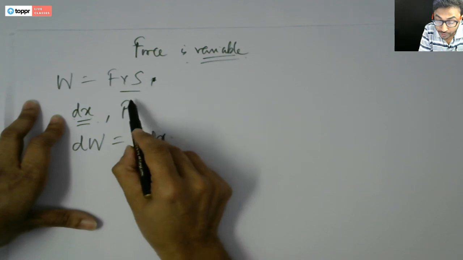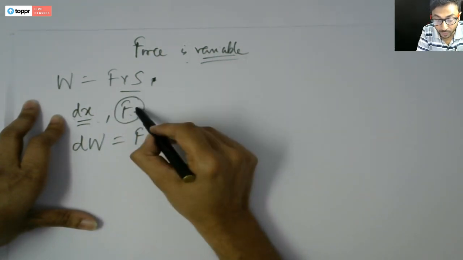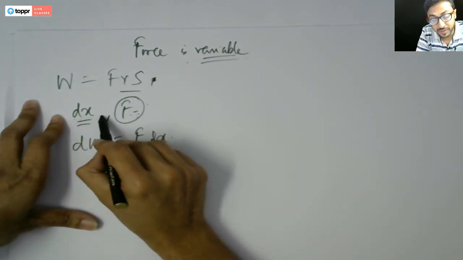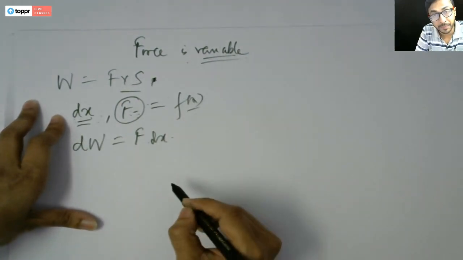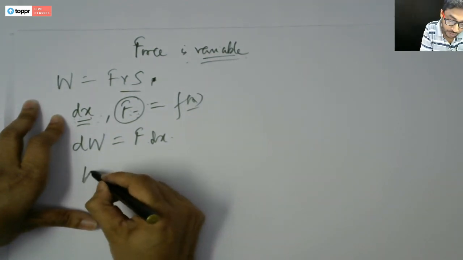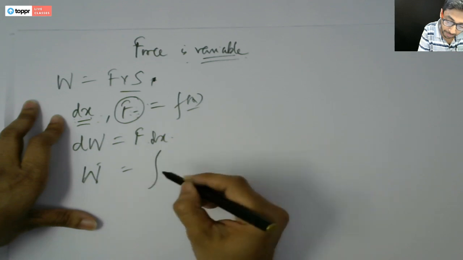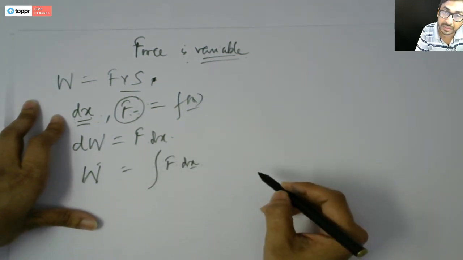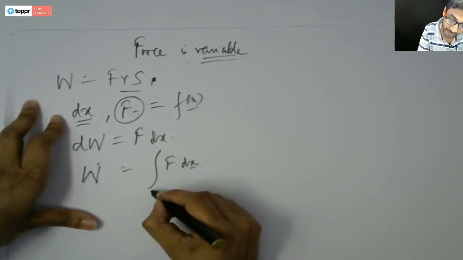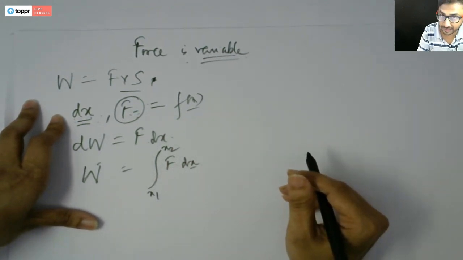And this force is a variable force which is actually varying with displacement. So F is a function of x. So if we want to find the work done, we are doing nothing but the integration of F dx, and if x is varying from, say, x1 to x2, we can do it like this.